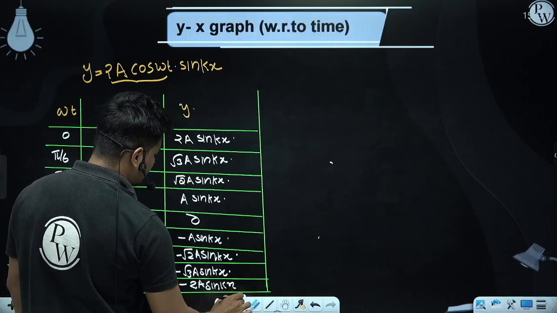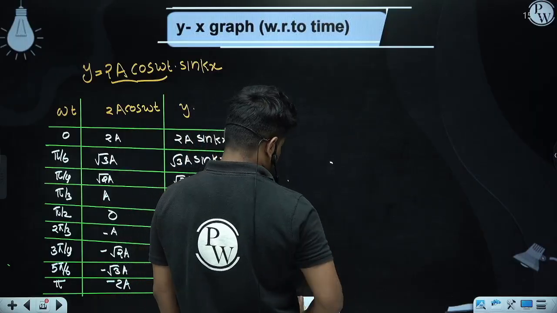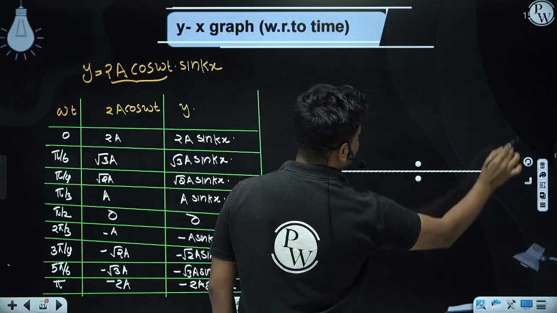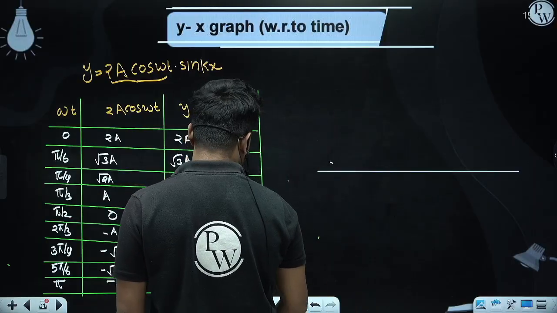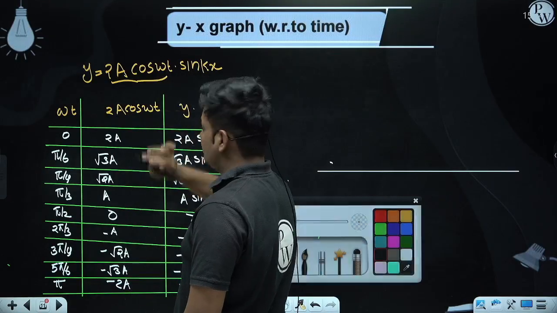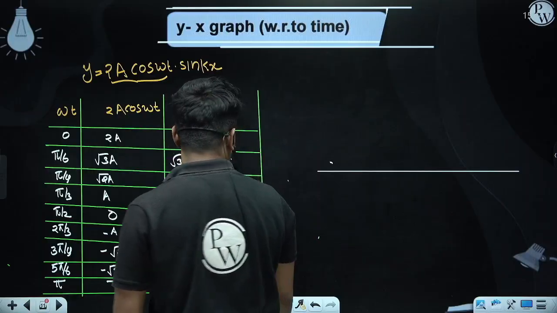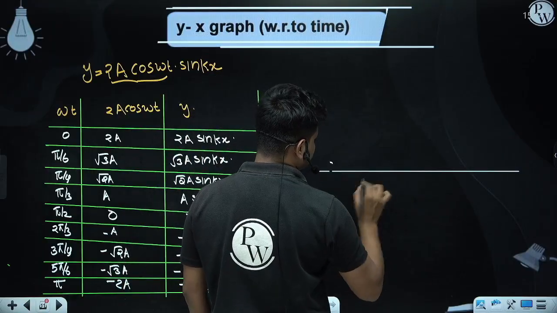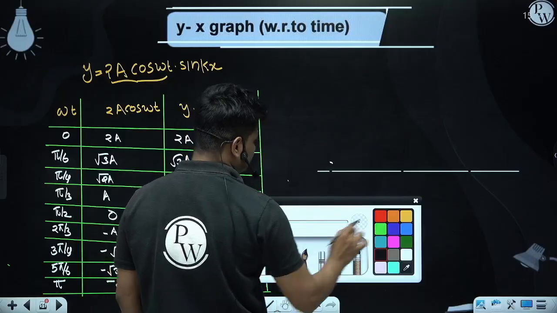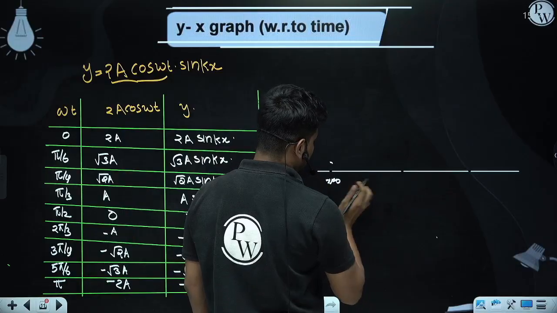Then I am going to draw the diagram. The diagram is just to help visualize. So look here, this is a sin kx graph. We get a nodal point when sin kx becomes 0.